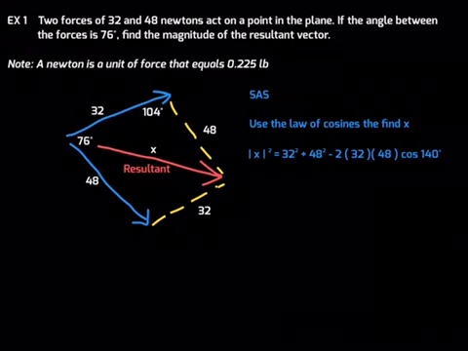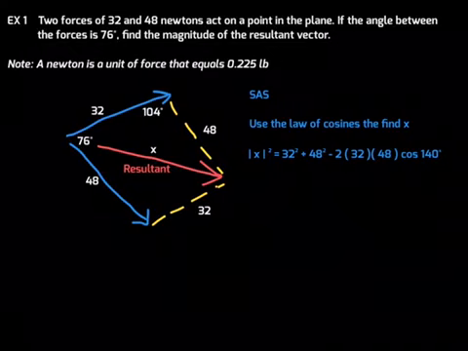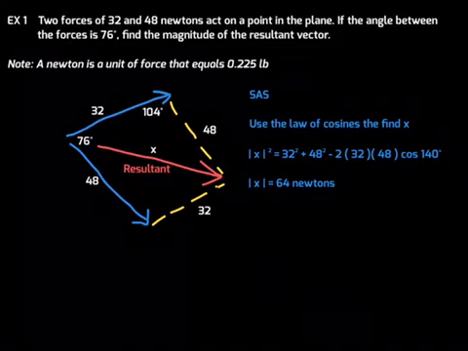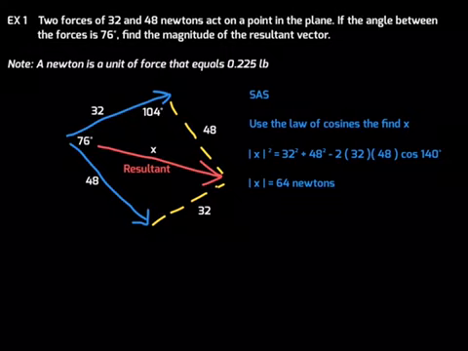Cool. Now all we have to do is punch all this into the calculator and then take the square root of both sides. And you'll find, to the nearest newton, that the length of the resultant vector is 64 newtons.